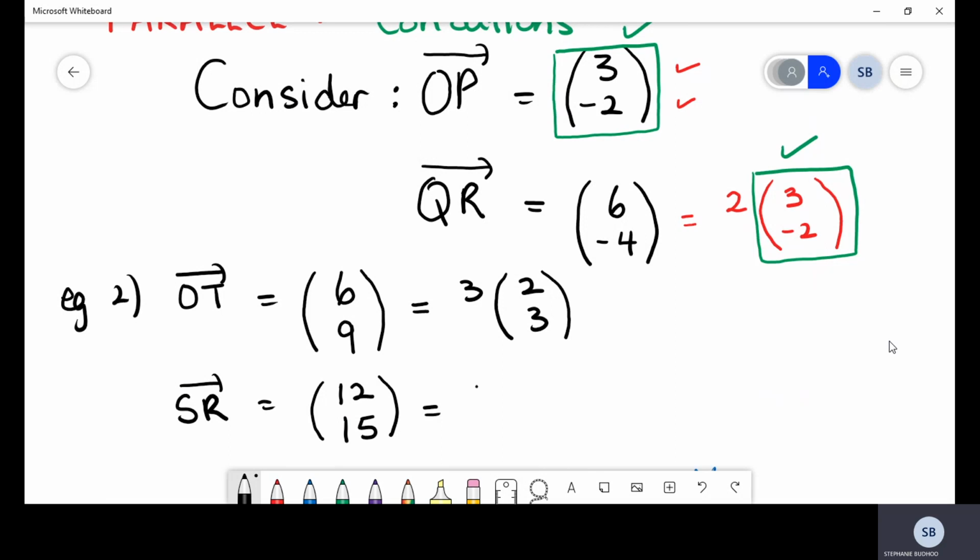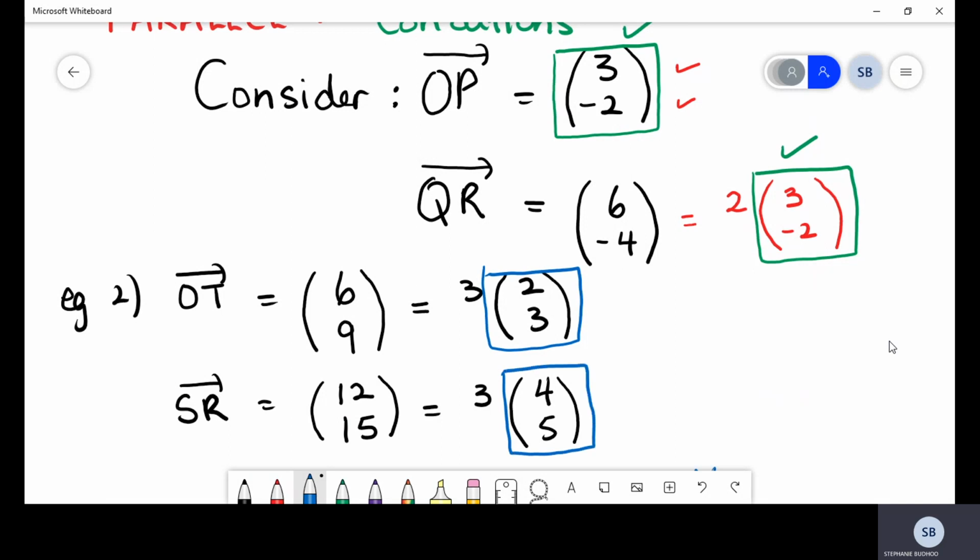Let's pull out 3. So if we were to pull out 3, we'd end up getting 4 and 5. Now, notice that after carefully factorizing, what's contained inside our brackets are not the same.